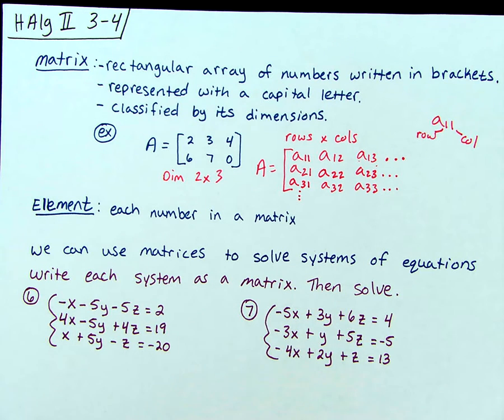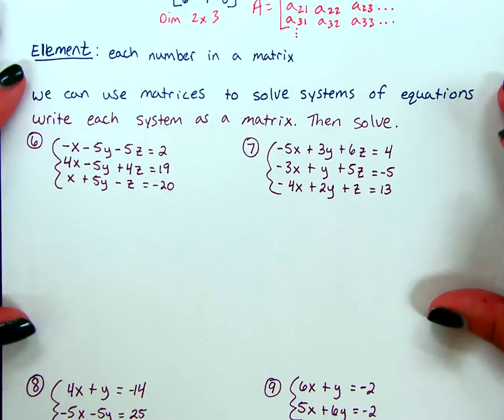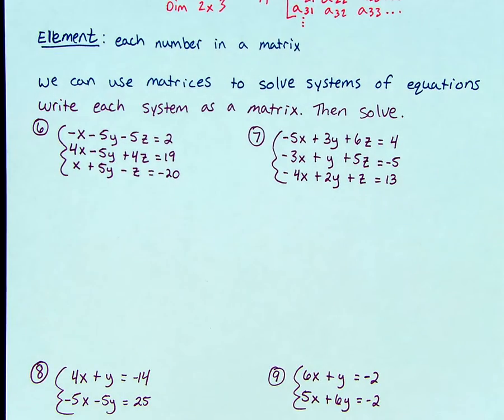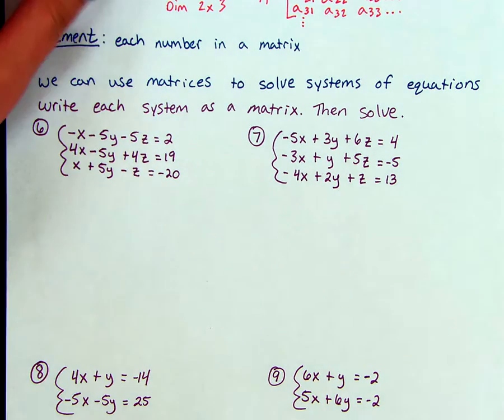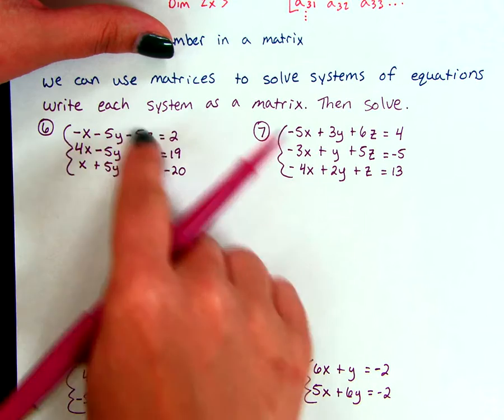Okay. Now again, we're going to be using matrices to solve a system of equations. So when we have a system of equations, we want to be able to write a matrix from it. So most of the time we are going to be writing the coefficient matrix. So remember, a coefficient is a number in front of a variable. So I'm just going to start by writing the coefficient for this matrix.